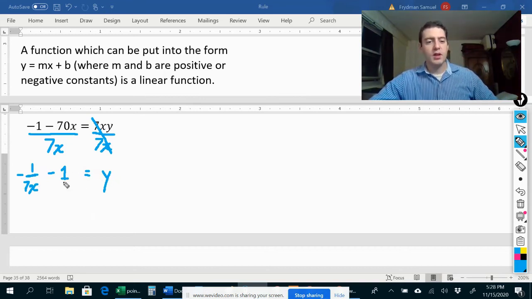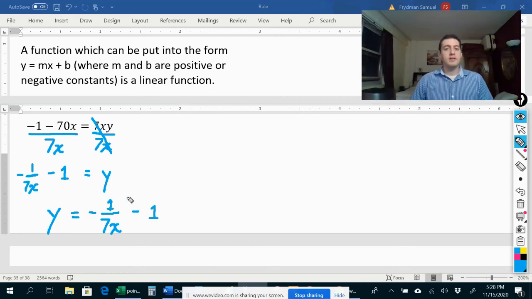What if I tried doing what I did before, and then let's just put the y on the left side, just to make it look a little bit more like this: y equals -1 over 7x minus 1. So this might look very similar to what we had in the last equation, but there's a key difference here, and that is that here the x is in the denominator.